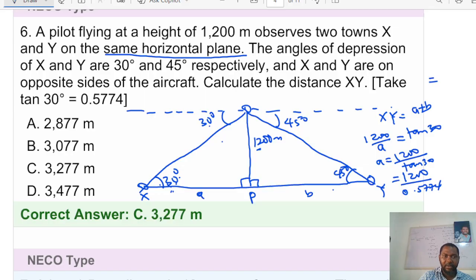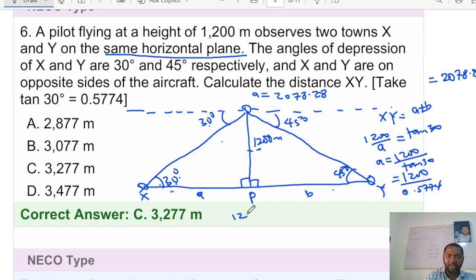Okay, now this is giving me 2078.28. I can write it here. So A is equal to 2078.28.